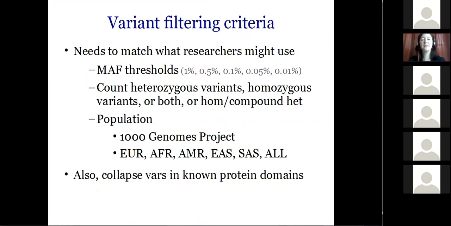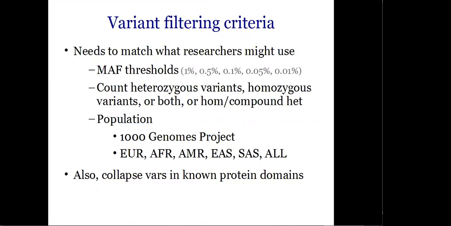So I repeated this exercise for various minor allele frequency thresholds. I repeated this for different models for disease inheritance. For example, if you're looking at an autosomal dominant disease, you will want to know the number of individuals with heterozygous or homozygous variants, both.